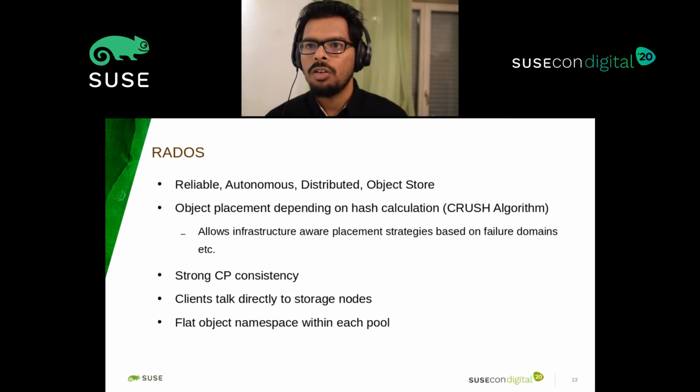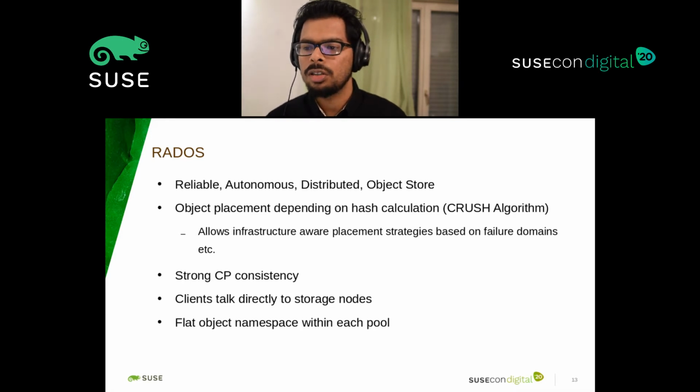And the semantics always provide a strong CP model of consistency, if you're looking at the CAP theorem. So it's always consistency and partition tolerance rather than availability. Which makes sure that if you have a net split and both the partitions are down, then you cannot actually write. But whenever you write, it's always ensured that the consistency is correct.